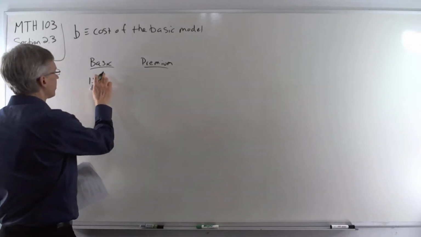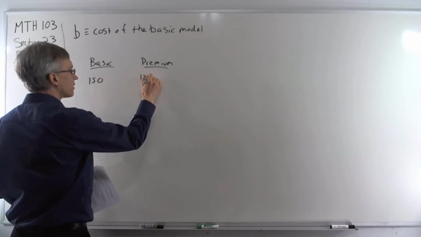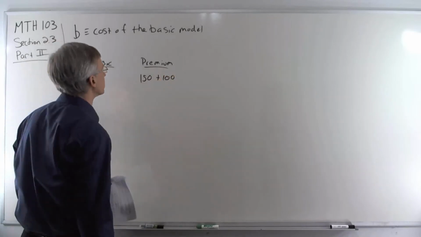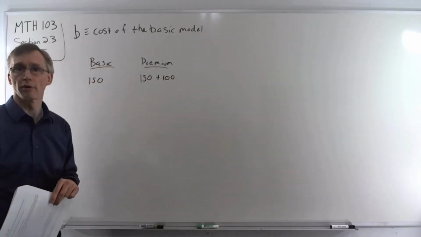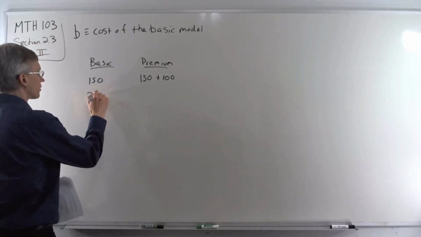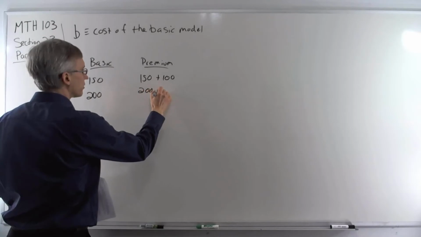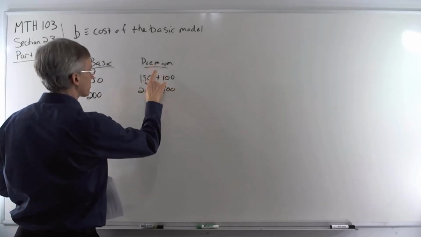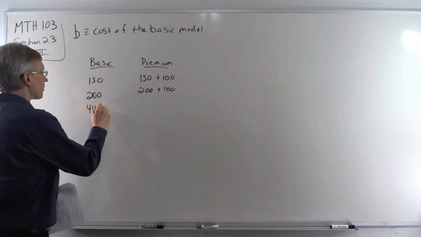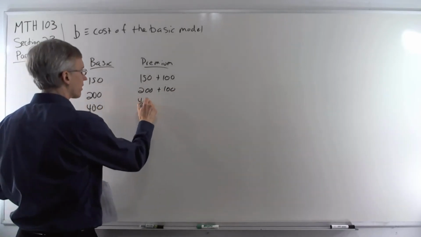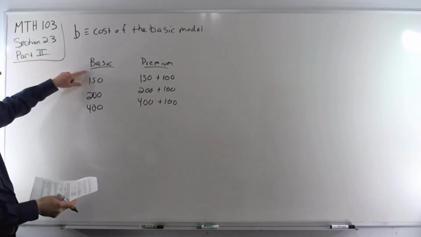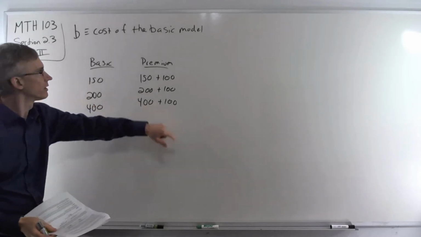So I'm going to take whatever the basic price is, $150, and add 100 to it because the premium is always $100 more. And if the basic model is, let's say, 200, I'd say 200 plus 100 because the premium model will be $100 more, so it's 300. Or maybe 400 for the basic model. So over here I'd have 400 plus 100. So there's a pattern developing here. Whatever the basic model is, we're just going to add 100 to it.